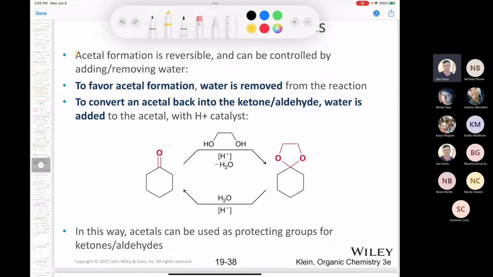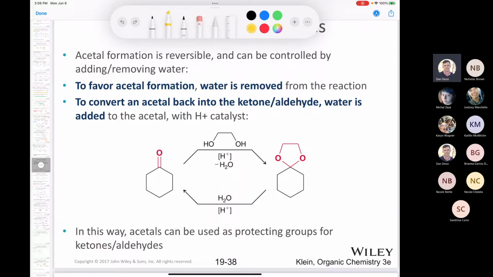Acetal formation is reversible, and the acetal can be removed just by adding water. It's all based on the concentration. If you have mostly alcohol and no water, and you remove the water, that's going to give you the acetal. But if you take the acetal and just put it in water with a catalytic amount of acid, that's going to blow it back to the ketone or the aldehyde.